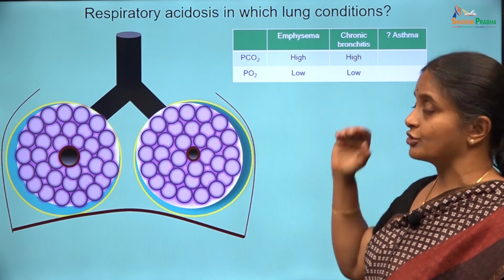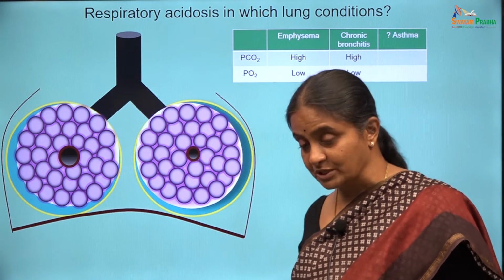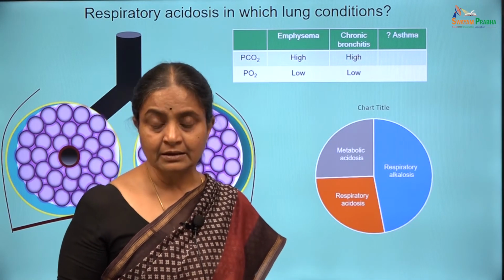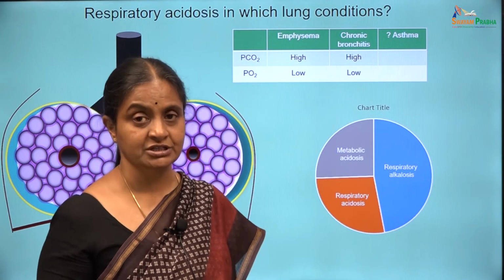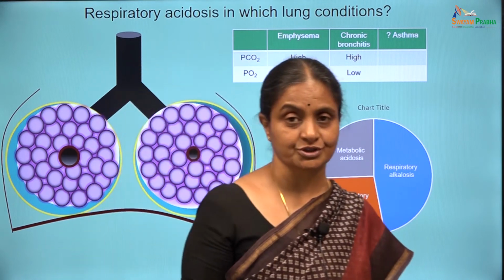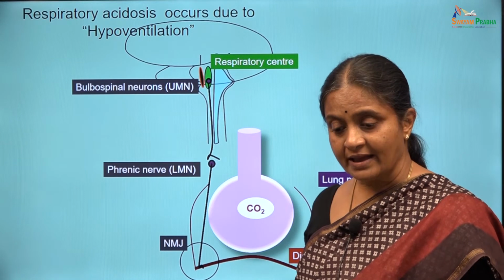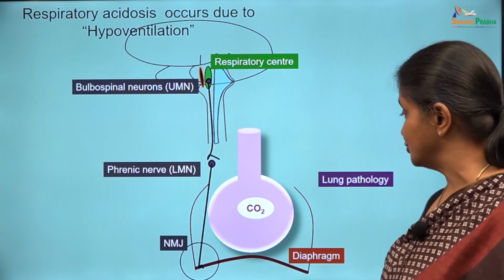Just like the other two chronic conditions, we have considered this question in the previous session, and we saw that the most common acid-base disorder in asthma is actually respiratory alkalosis, but in 1/4 of the cases, you can also get a respiratory acidosis.